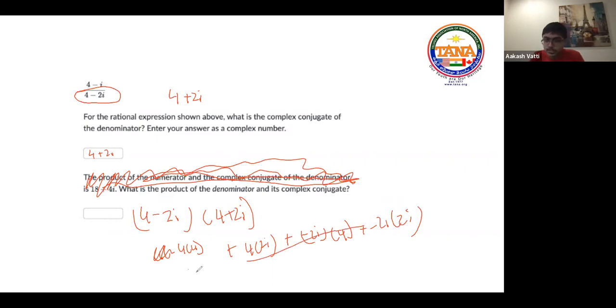So you get 16 minus 4i squared. And remember, i squared is negative 1. So you get 16 plus 4. So that's 20. The answer is 20. Any questions? No? All right.